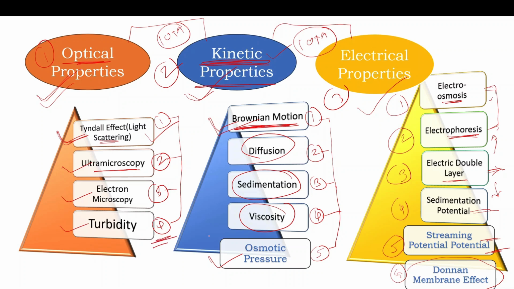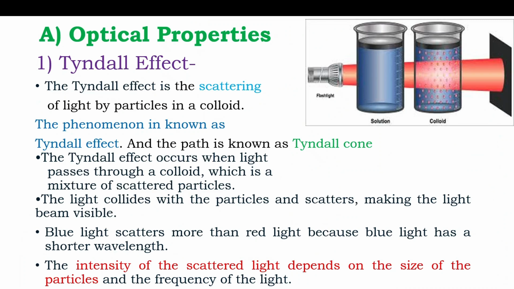In that way, the kinetic and electrical properties increase by one property each. Take a screenshot of this and remember all the properties of the colloids. Let's discuss one by one from the optical properties of the colloids. In the optical properties, the first property is the Tyndall effect.